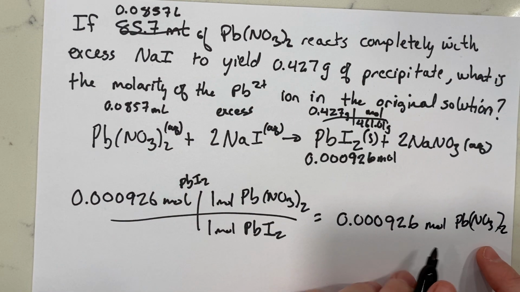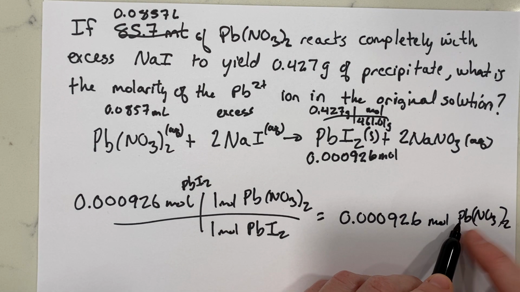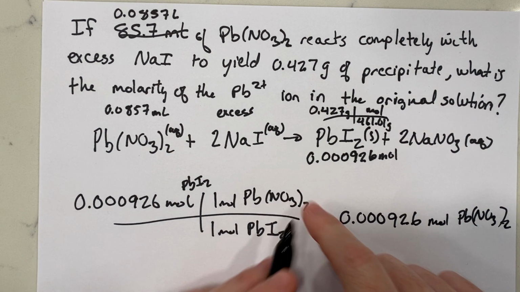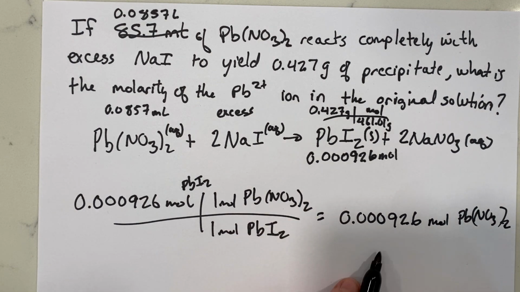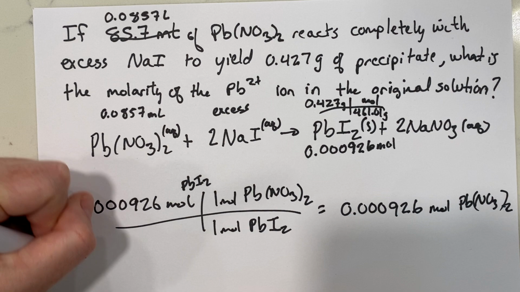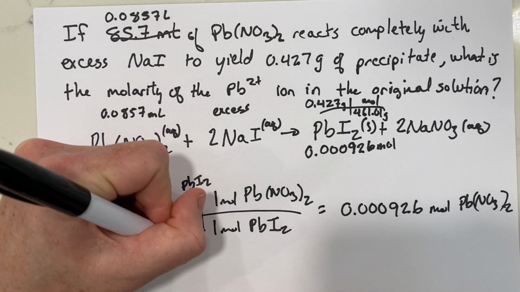That's not where we're stopping. It asked us for the concentration of the original lead-2. Well, for every lead-2 nitrate, you have 1 mole of lead-2. We could have even continued this on and said, hey, for 1 mole of lead-2 nitrate, we have 1 mole of lead. So essentially we're saying we've got 0.000926 mole of lead-2.